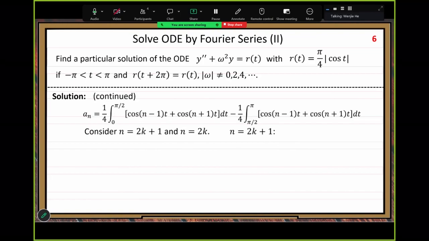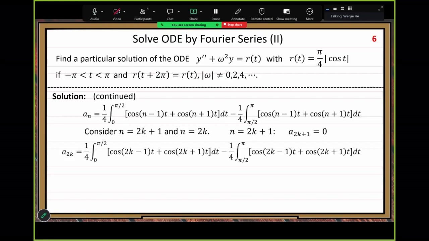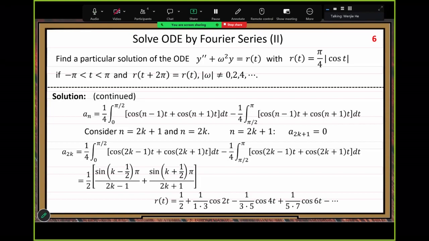For the odd case, the A coefficients are 0, and for the even case you have some special coefficients. So you can represent your R function as this kind of Fourier series. That is the first step.